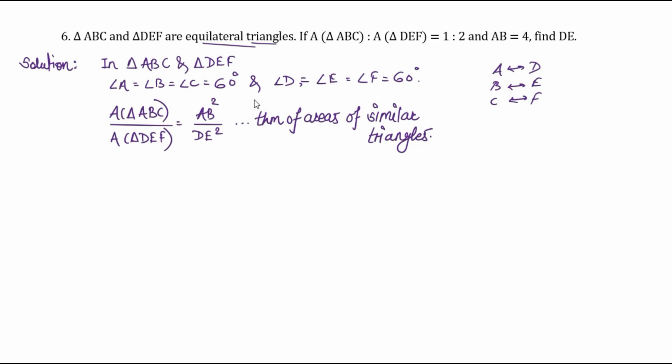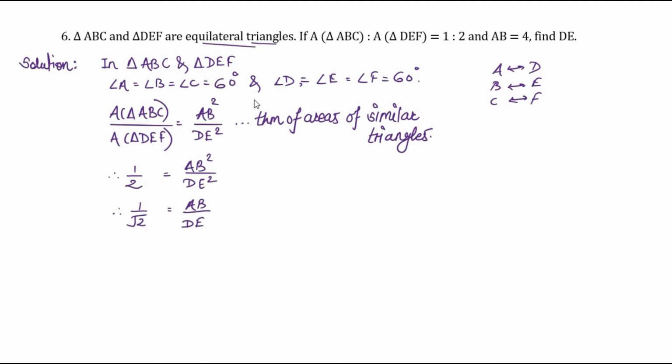Okay, so next step is LHS is given, that is 1 by 2, which is equal to AB square upon DE square. By taking square root on both sides, one can write 1 by root 2 is equal to AB upon DE.